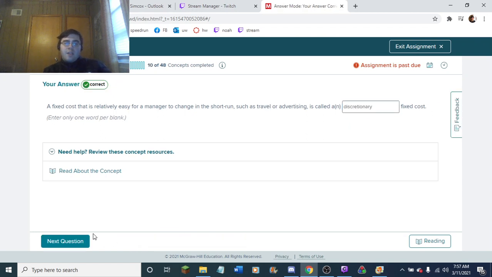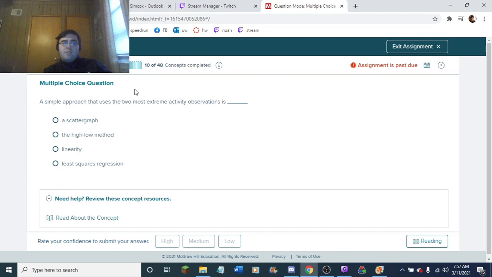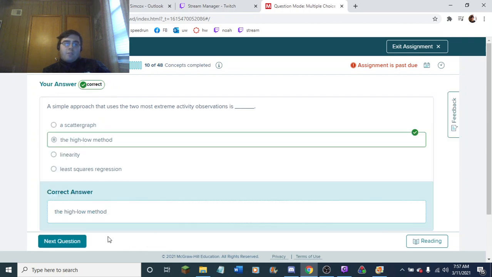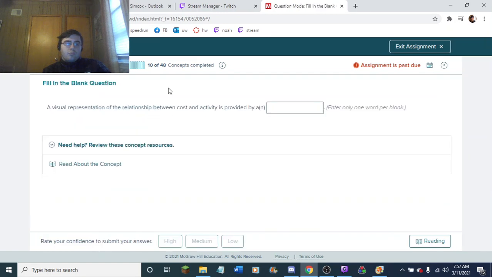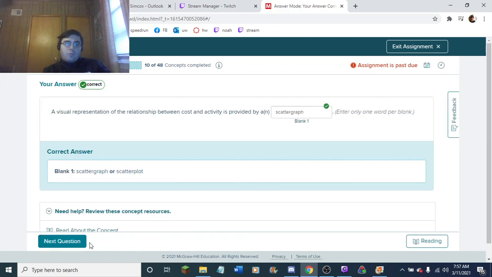This is not the question I need to answer. I need to answer the one about committed fixed costs. The two most extreme activity observations, maybe it's the high-low method, because that seems intuitively correct. All right. Scatter graph. Nice.